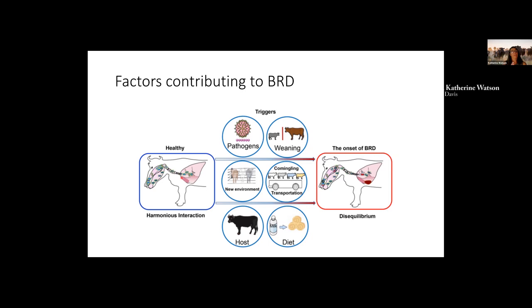So when we talk about probiotics and you're trying to change the flora in your intestines, we have bacteria that live in our respiratory system. And it's when those bacteria and our immune system are out of sync that we get this disequilibrium, and that results in respiratory disease. All right.